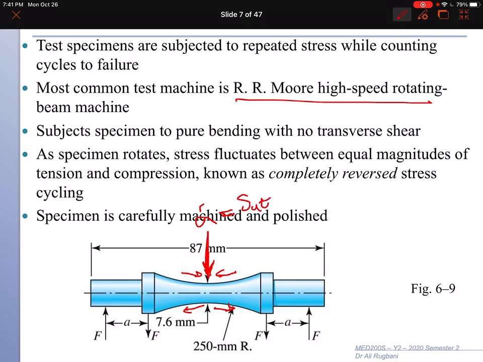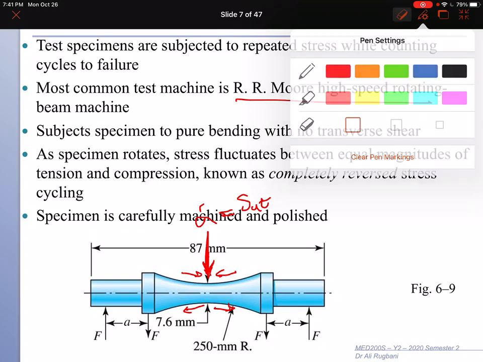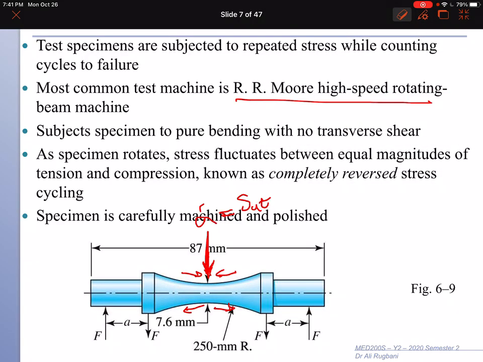Even in this case, we are not rotating the beam, the beam is still static, but once stress is equal to yield strength or ultimate strength, we will get failure, complete failure, even without running or without creating any stress cycle.